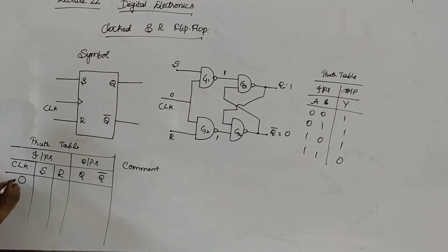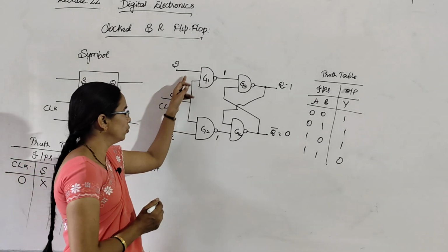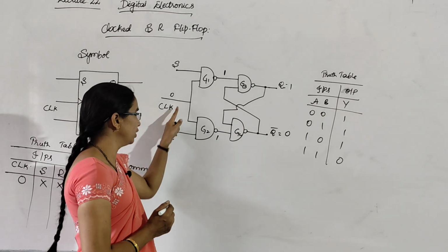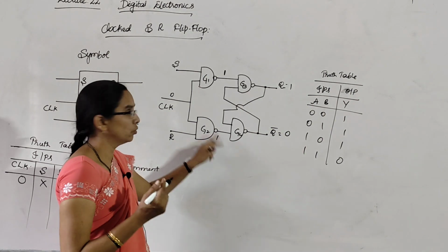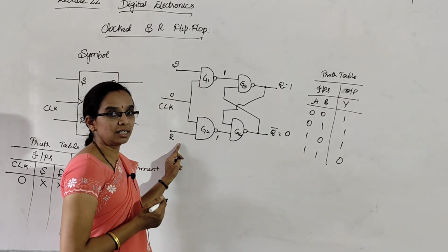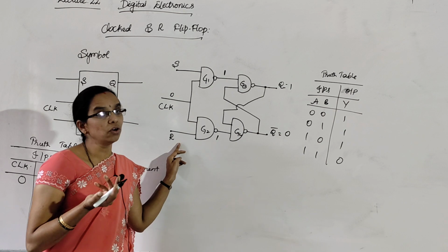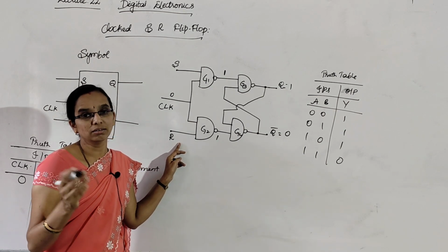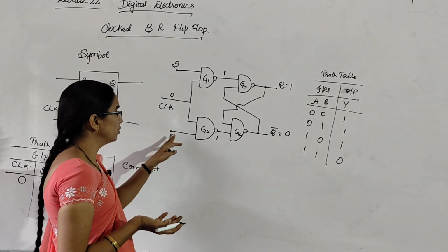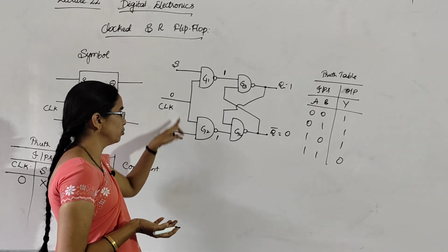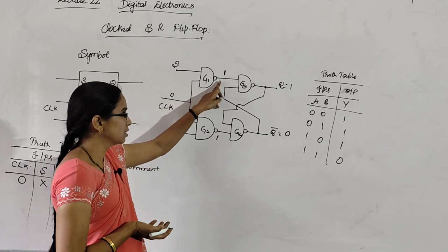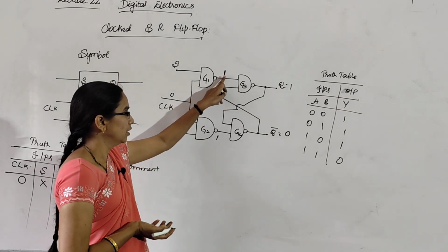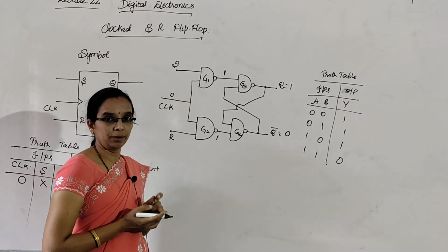Whenever the clock is 0, irrespective of S and R, we are not going to check the S and R inputs, because one of the inputs of the NAND gate is low, so the output will be high only. So no need to check S and R. It doesn't matter if S is 0 or 1 or R is 0 or 1. So irrespective of the S and R inputs, if the clock signal is low, the output of these gates will be 1 only.